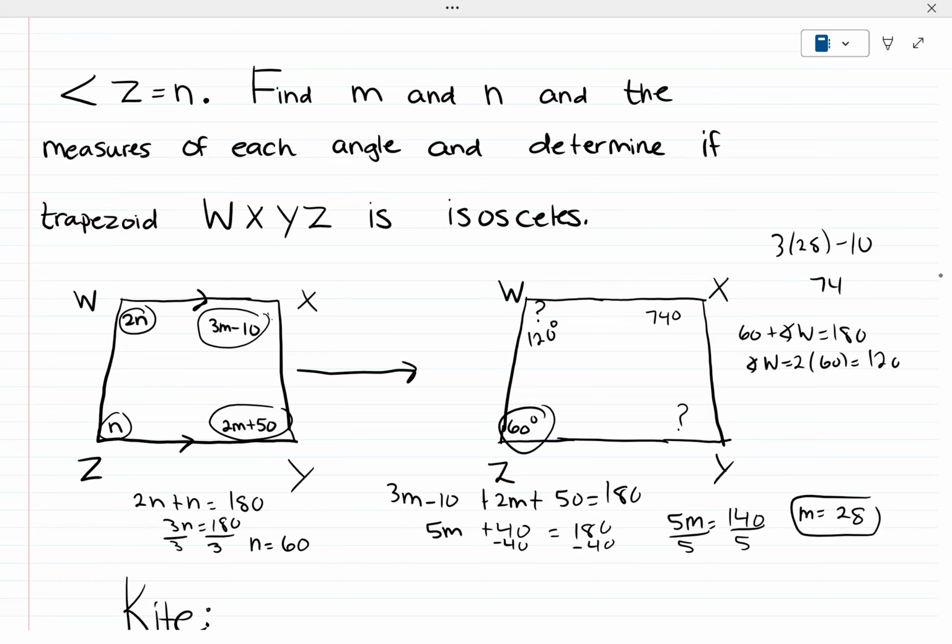And then what about this angle here, 2m plus 50? That is 2 times m, which is 28, plus 50. What's 2 times 28? That gives you 106. Okay, so that's how you find all those angles.